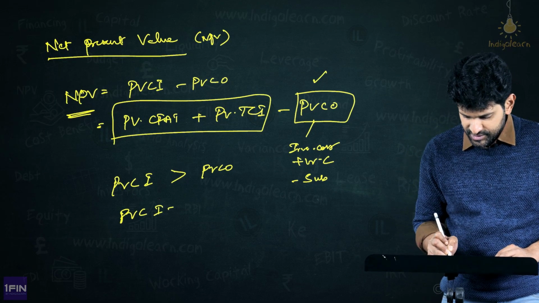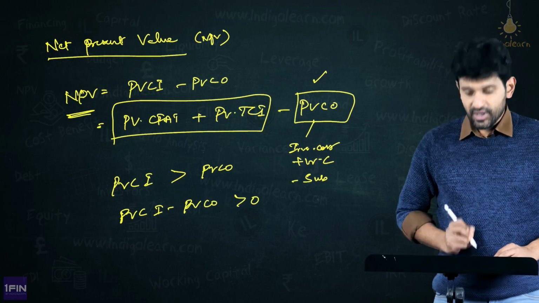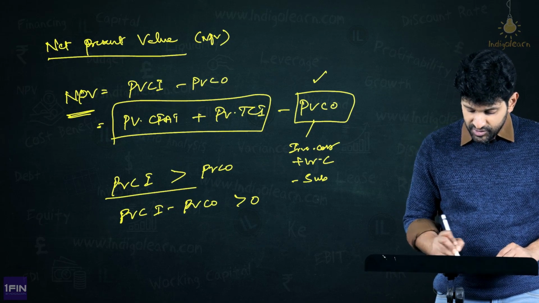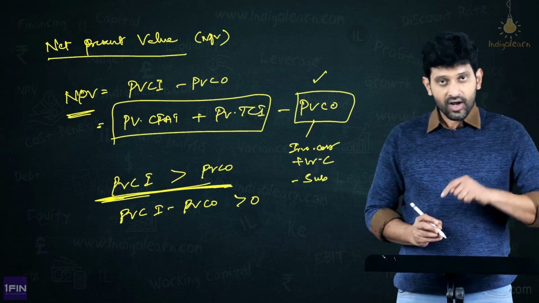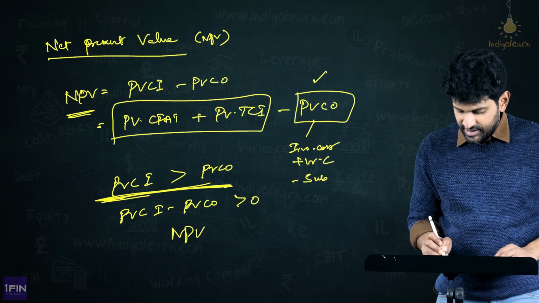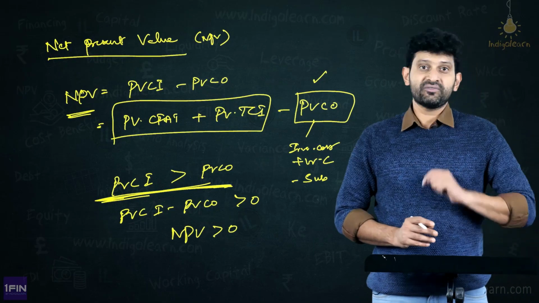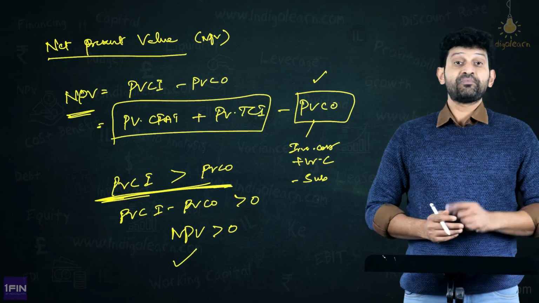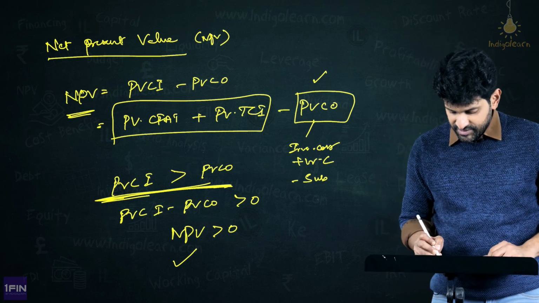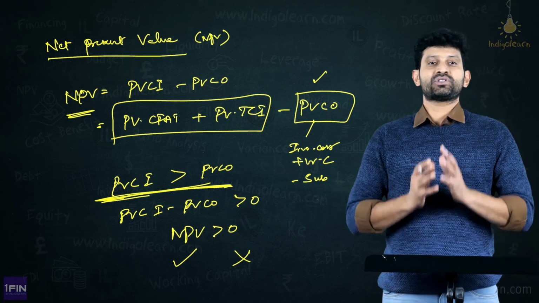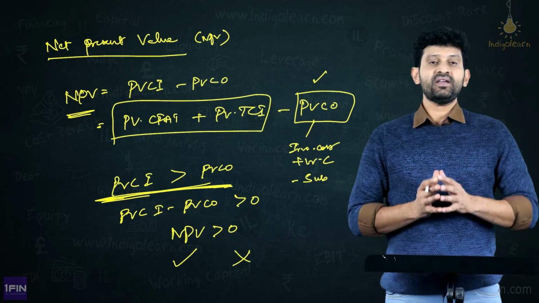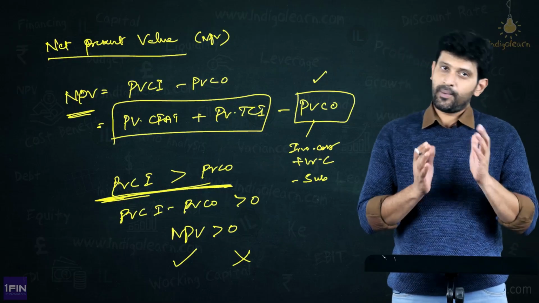PVCI minus PVCO will be greater than 0. Therefore, if the present value of cash inflows is greater than present value of cash outflows, or if NPV is greater than 0, is positive, then we will say the project is selected. If NPV is negative, the project will be rejected. So this is how, with the help of NPV, we will select or reject a project.